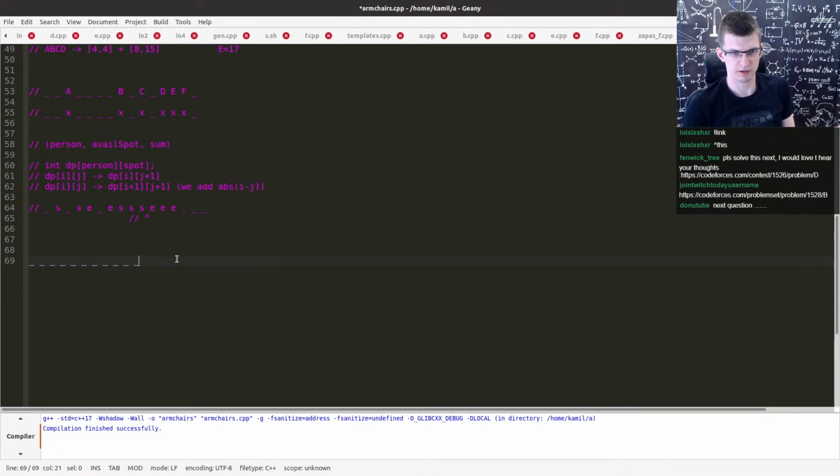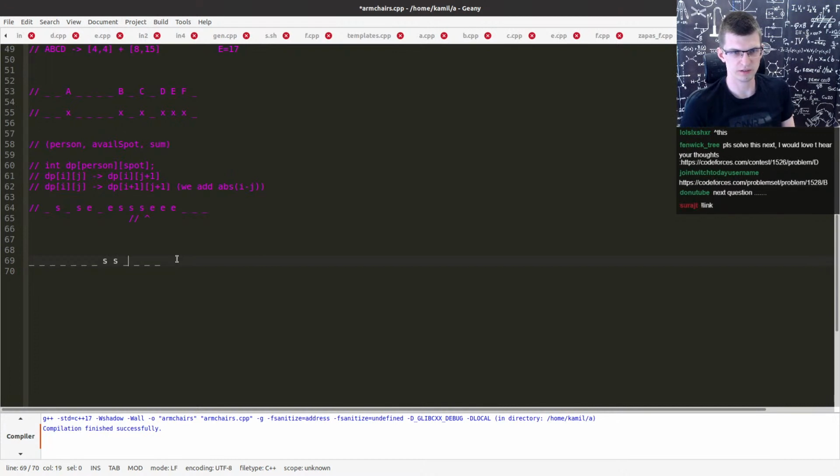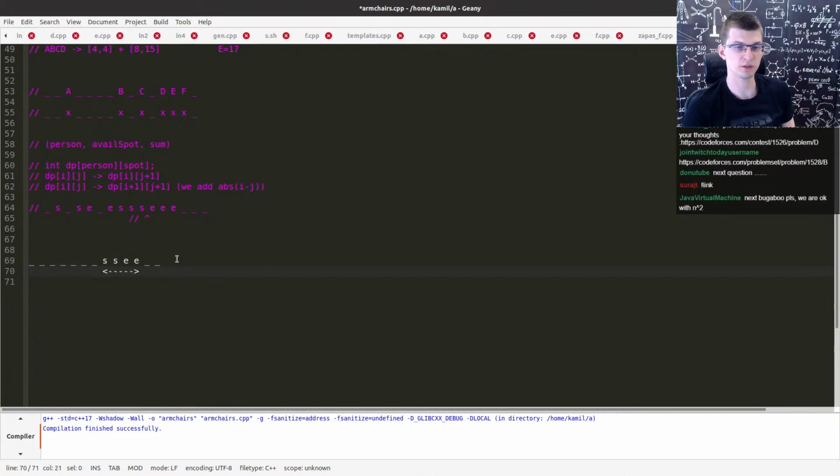There is a sequence of chairs, and if you sit, say, here and there, we use the fact that there will be no gap. Like here, this is a bad interval, because if you want to move a person from this S to this first E, and from second S to second E, that's clearly not optimal, because you should move them here. So this should be there. And there is this claim that we will use sequence of intervals where nothing is not used.